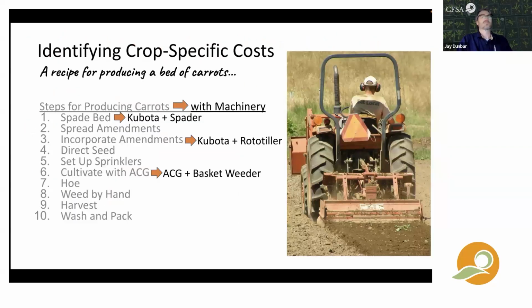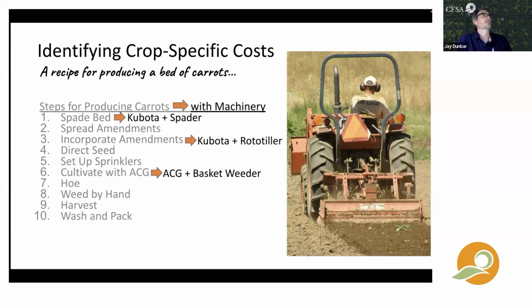Anyways, getting down into the nitty gritty of these numbers, this is a list, just like we've been talking about. And it is a recipe for producing a bed of carrots. I like the idea of a recipe for doing some of this work. It's easy for me to think about. I started out in food on the chef side.